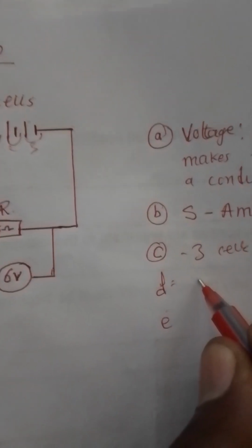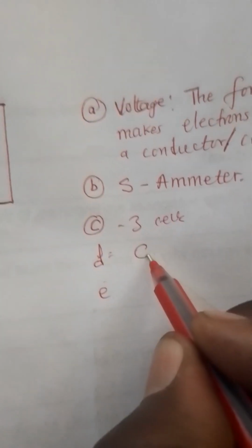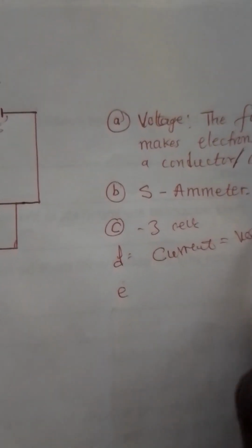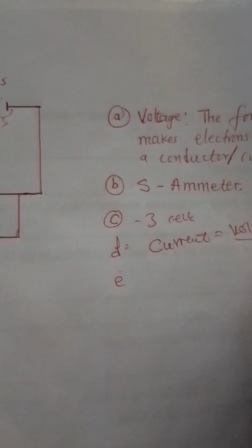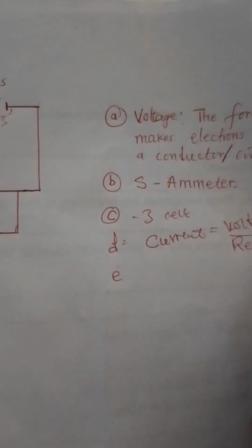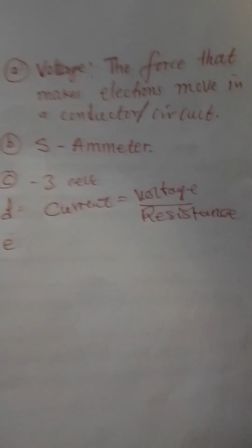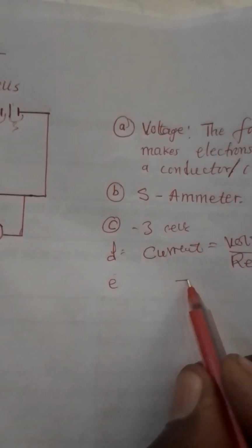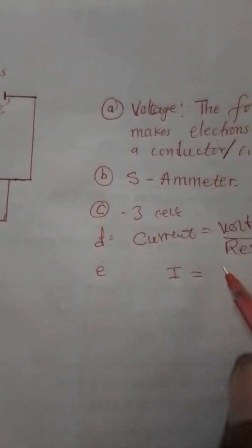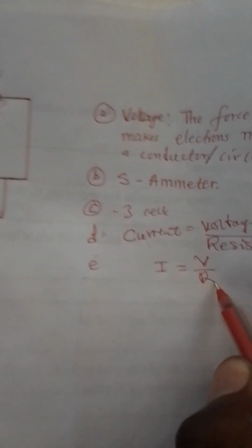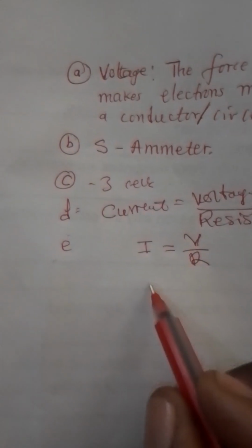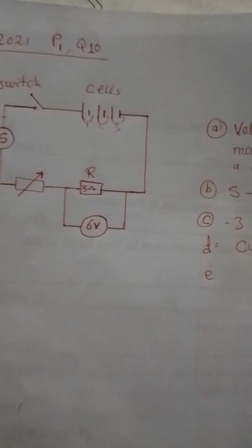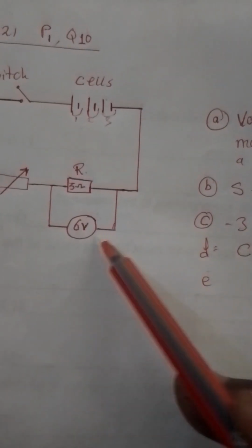So we know that from Ohm's law, current is equal to voltage over resistance, where current is abbreviated as I, voltage with capital letter V, and resistance with capital letter R. So our current at S will be equal to the voltage we've been given as 6 volts from the voltmeter right here.